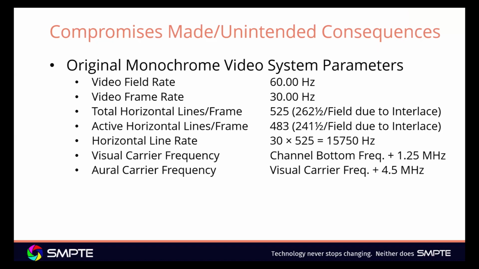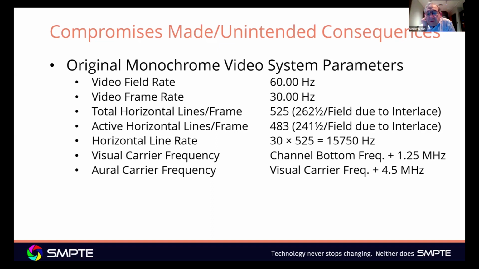So then the next aspect of it is that we have only 483 active lines out of the 525. And again, that's the field interlace. The horizontal line rate was exactly 15,750 hertz, the 30 frames times 525 lines.